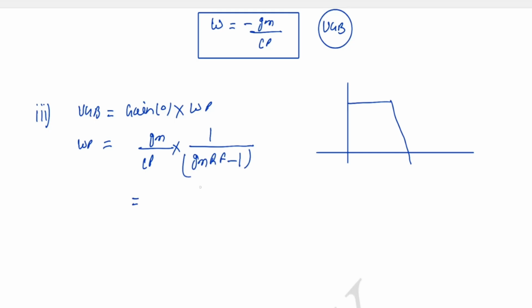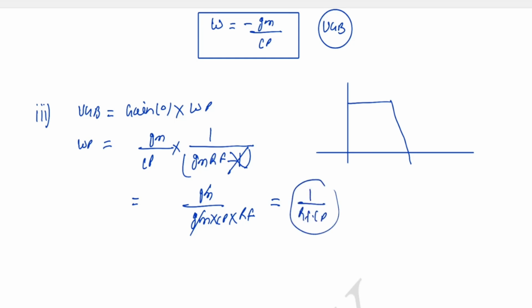Okay, so that will come as GM. If I am ignoring this one term, that will come as GM divided by GM CP into RF. So GM will cancel out and that will be RF into CP.